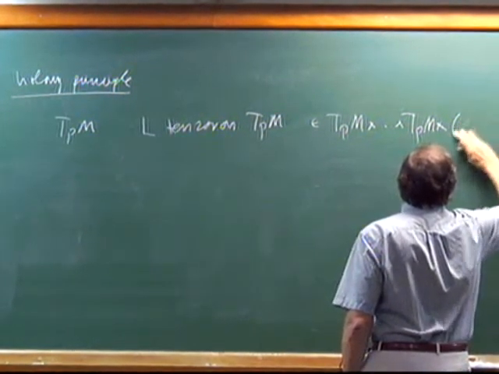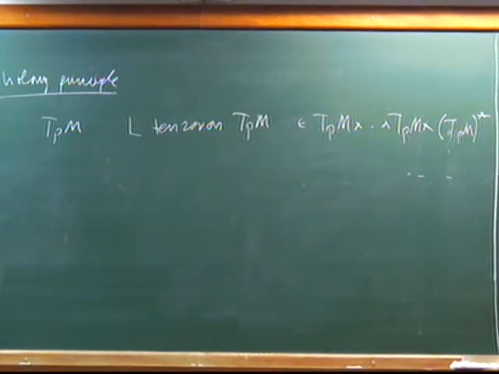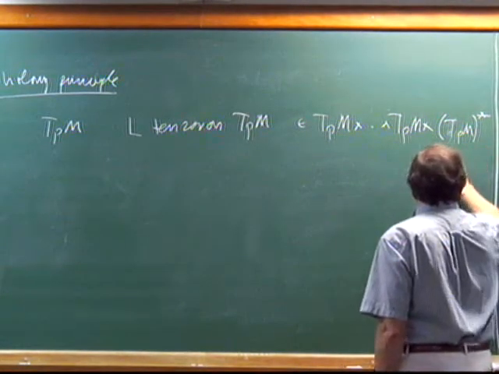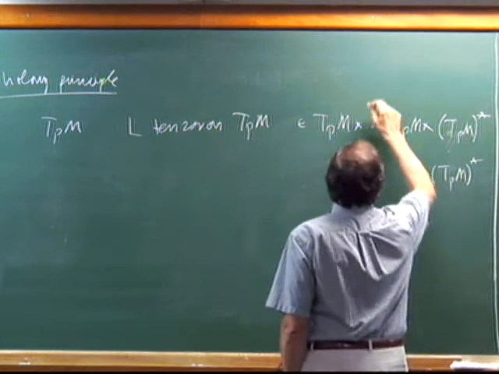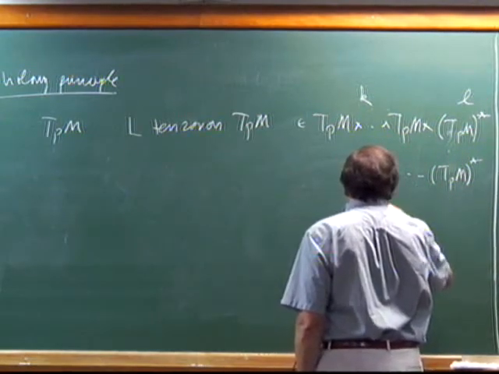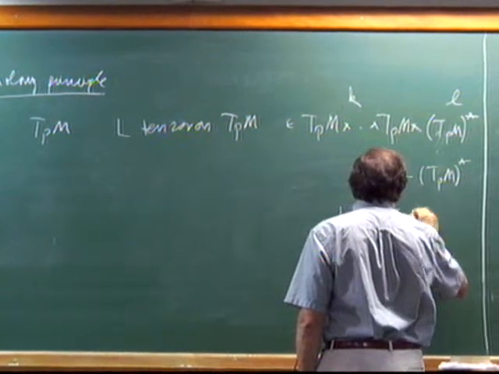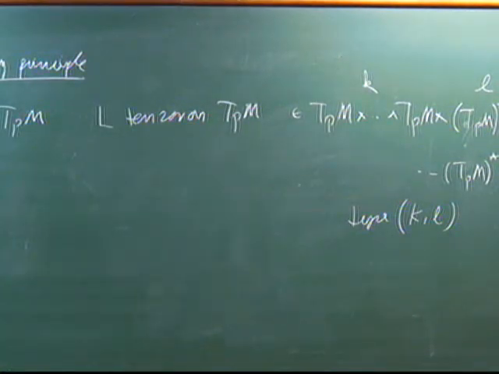Take the tangent space K times and its dual L times; this is a tensor of type K, L. But you've seen this before, right? A tensor of this kind of type.